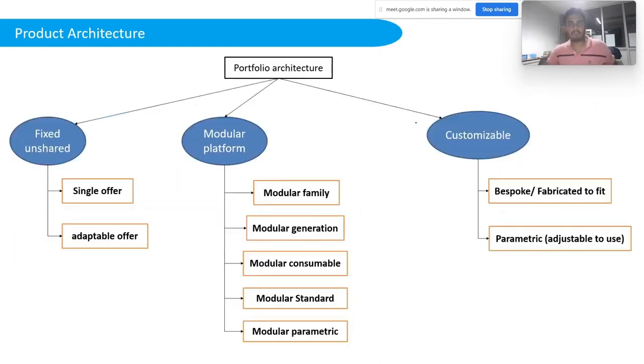Okay, so what we have in the product portfolio, there are three different types of product architectures. One is fixed unshared product architectures, which basically do not have any variation in the product lineup.